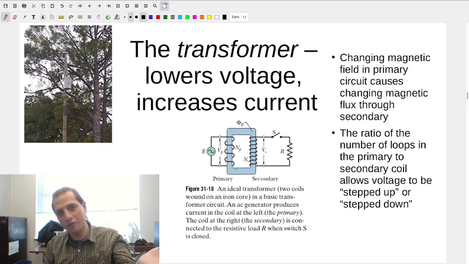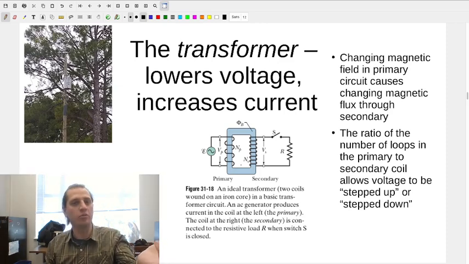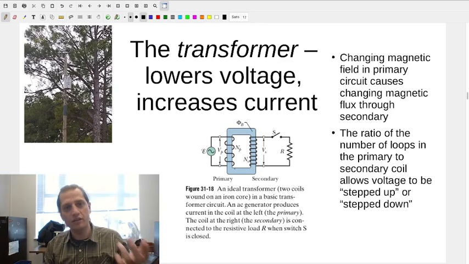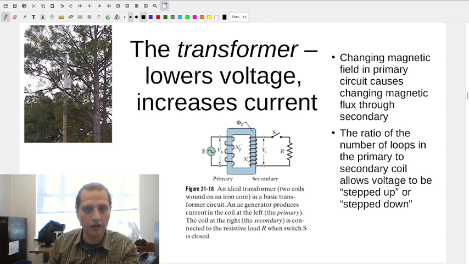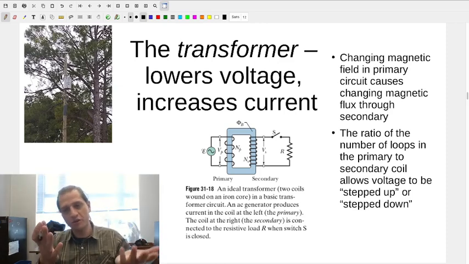Stepping up, you'd have a higher voltage afterwards, a lower current. If you step the voltage down, you'd have a lower voltage and a higher current. So those two things go together.